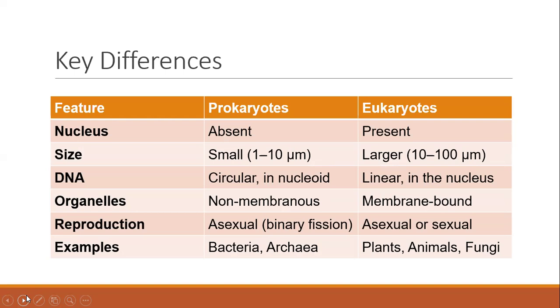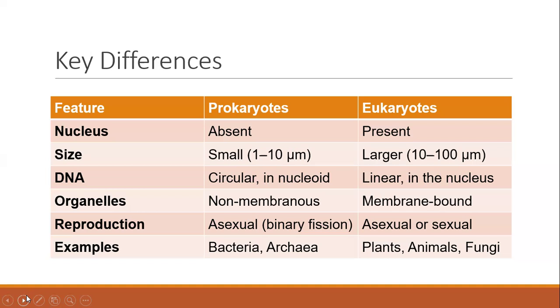In terms of size, the prokaryotes are small, and the DNA found in prokaryotes is circular, in the form of a nucleoid, while in the eukaryotes, DNA is linear and is found in the nucleus. The organelles found in the prokaryotes are non-membranous, while organelles found in eukaryotes are membrane-bound.